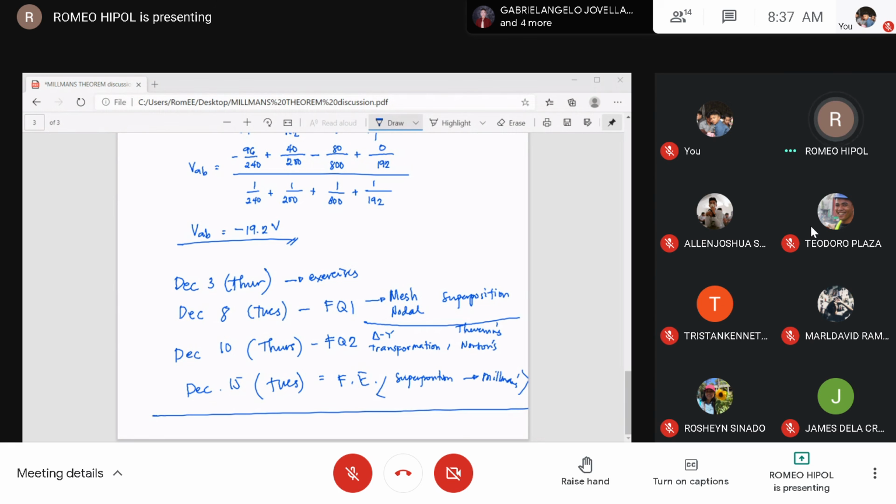Kaso hanggang 16 lang ata ang klase natin. Ano bang nakalagay sa inyo? May schedule na kayo ng mga final exams? Wala po, sir. Wala pa. Pero ayun, yung klase natin ng TTH malamang ito rin yung schedule. Kasi hindi na tayo makapag-adjust.